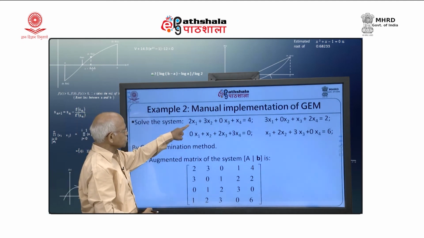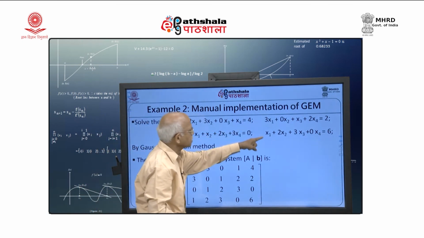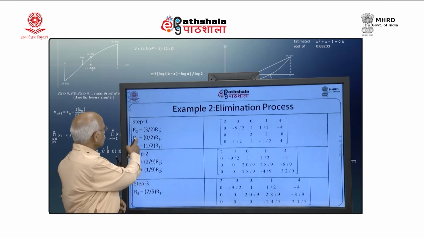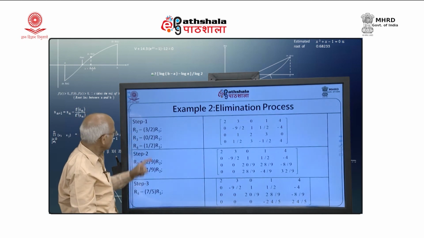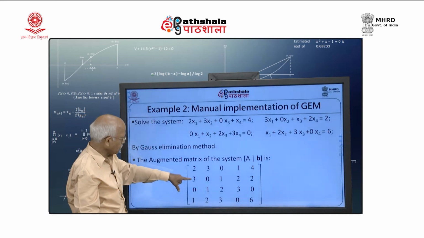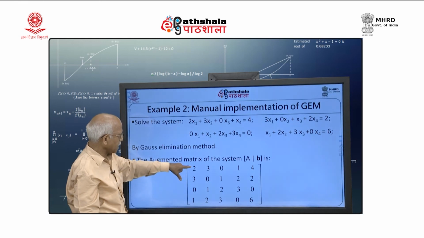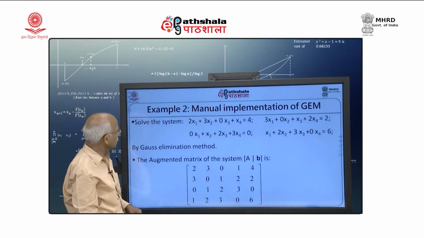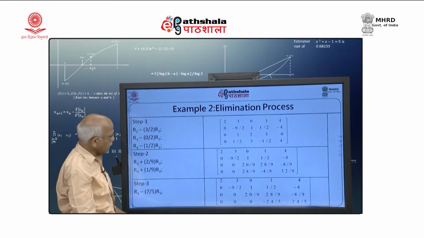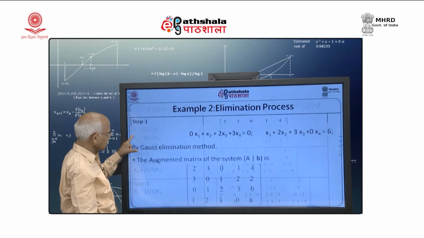It will remain non-zero here, and all other elements here will become 0, and that I have to do by taking row operations like this. So, what I am doing is 3 by 2. What is 3? You are getting 3 from here. So, this is a_21 divided by a_11. That is what I am taking, and I multiply the first row R_1 by that and subtract it from R_2.